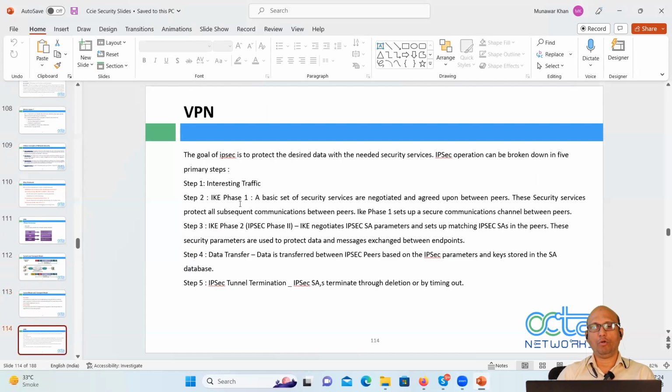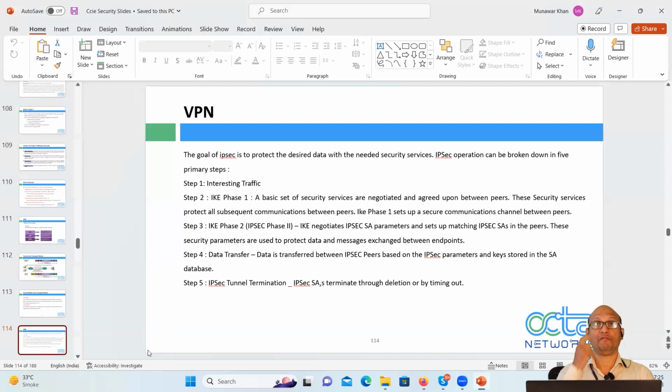We were discussing the 5 important steps that IPsec is going to take in order to build a secure network, or to make secure communication between two peers, between two sites, or to make a tunnel between two peers or two sites. So IPsec operation is broken down into 5 primary steps.